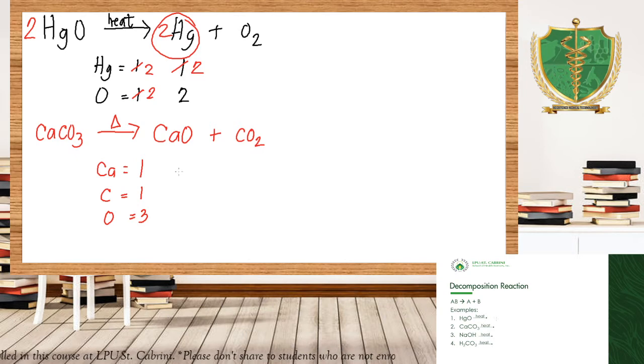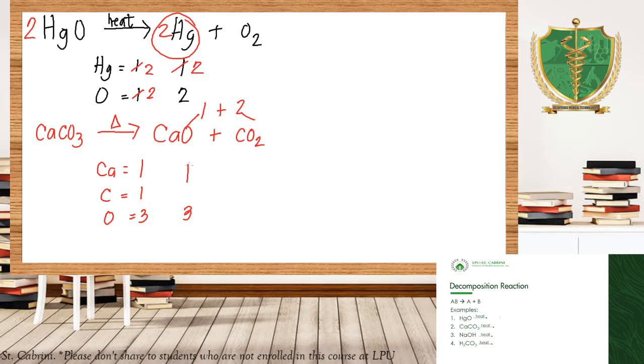Okay. For the product, how many calcium do we have? 1. How many oxygen do we have? No. We have here 1. We have here 2. 1 plus 2 is 3. Very good, children. You are now learning. Okay.